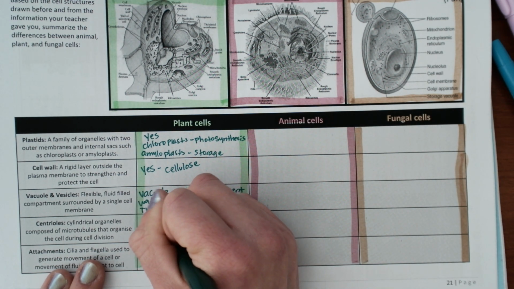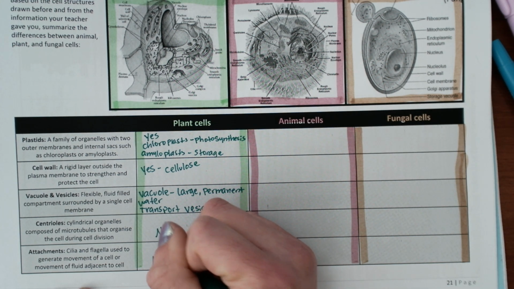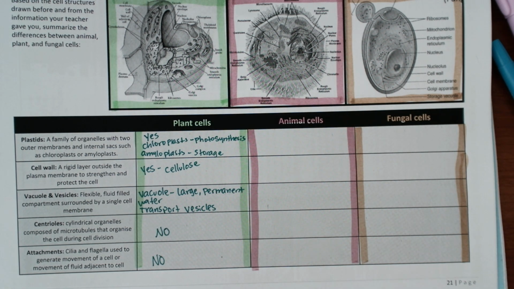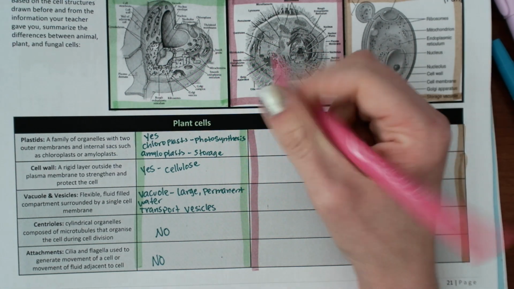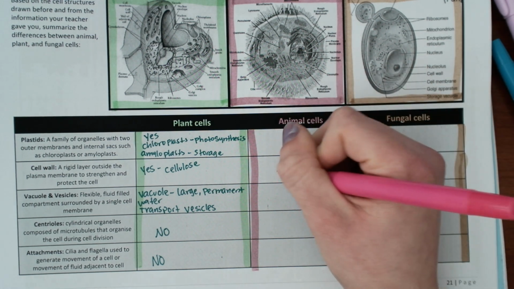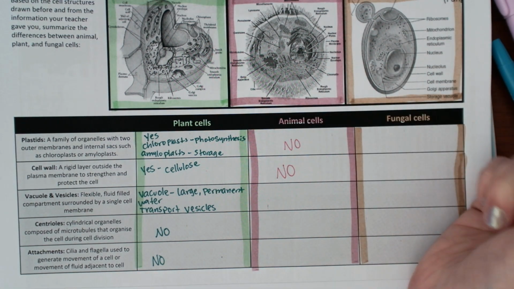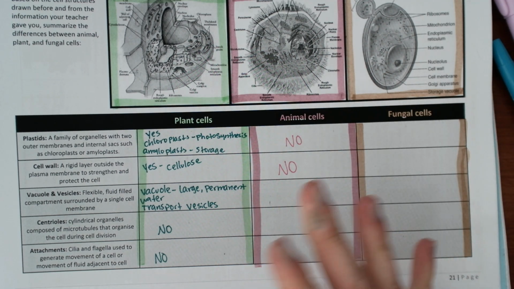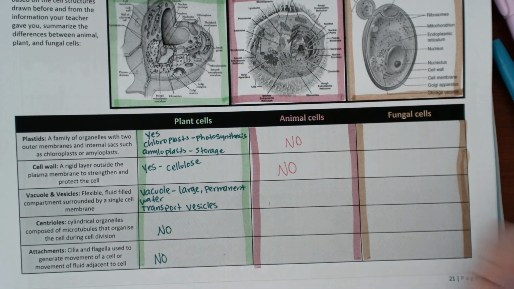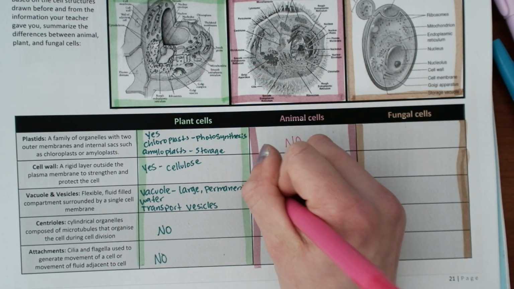Centrioles, no. Attachments, no. Animal cells: Plastids? No. Cell wall? No. Vacuole? Very rarely, so we're just going to leave it off. They do have transport vesicles, though.